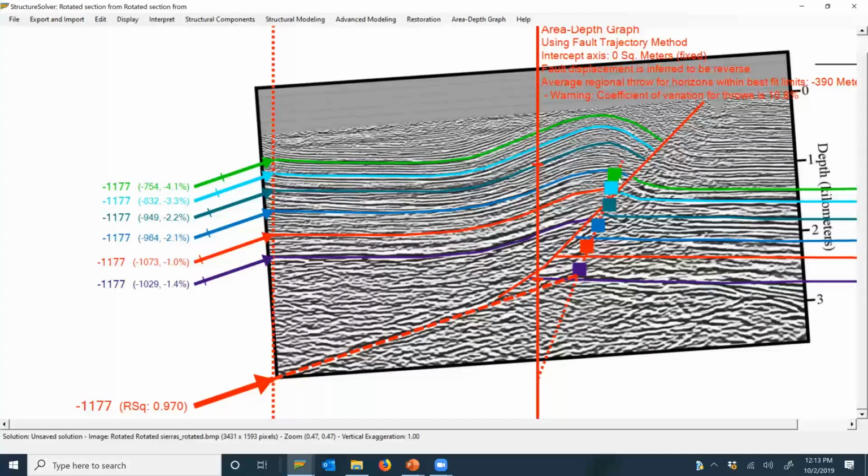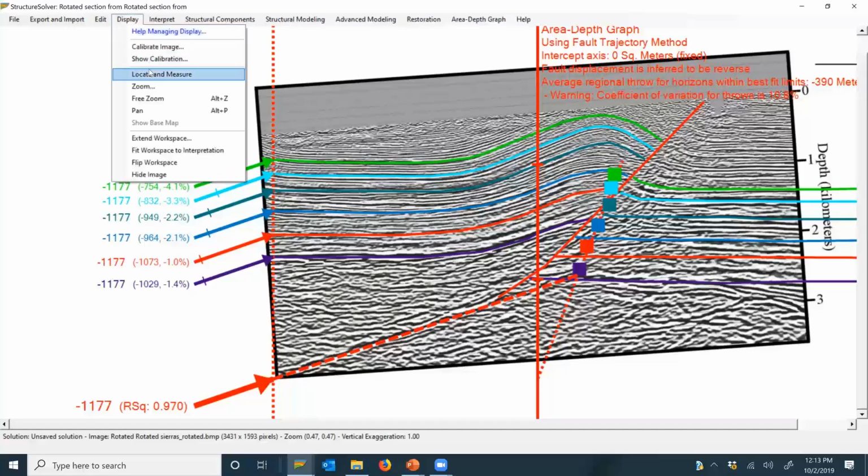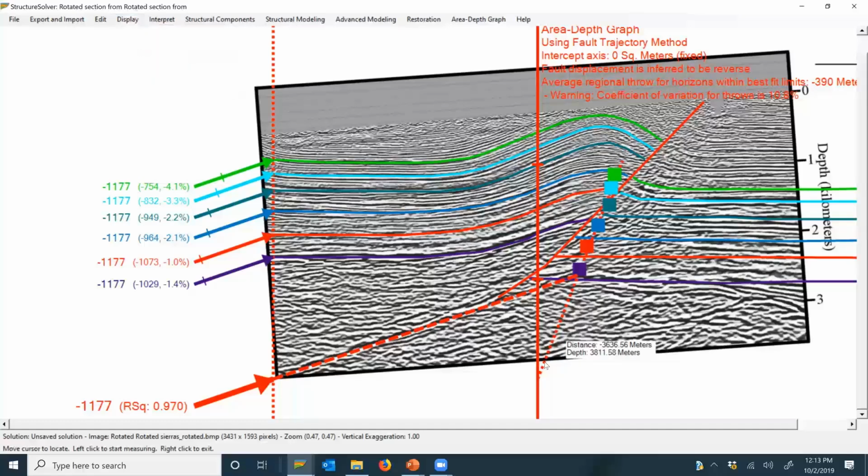And that is coming from the slope of our linear fit, the intercept of the linear fit with the depth axis. I'll just use a horizontal ruler. So the depth intercept is right about there. And you'll notice if I come across, the depth intercept is defining the depth of the fault.